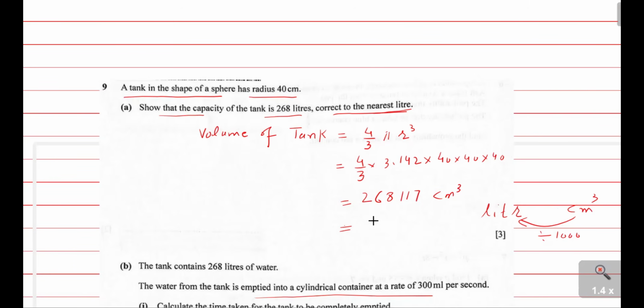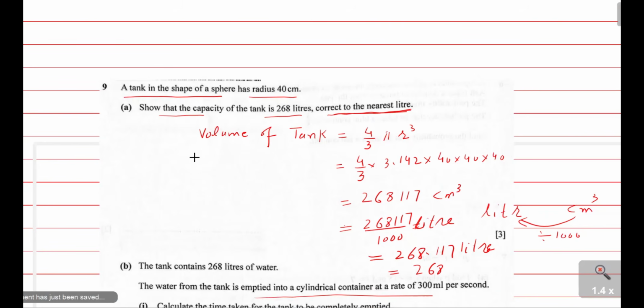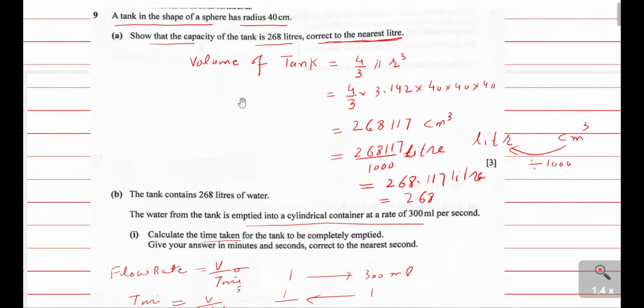Therefore, we will divide this value by 1000. This value is 268.117 liters, equal to 268 when we take the value correct to nearest liter, and this is the capacity of the tank, hence it is proven. Next, part B.